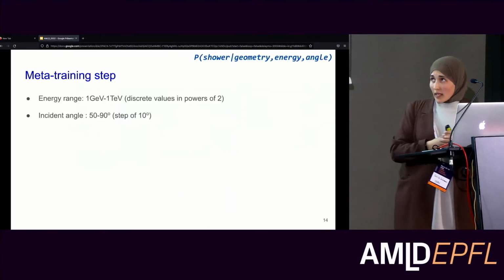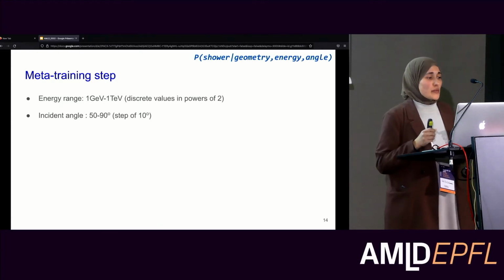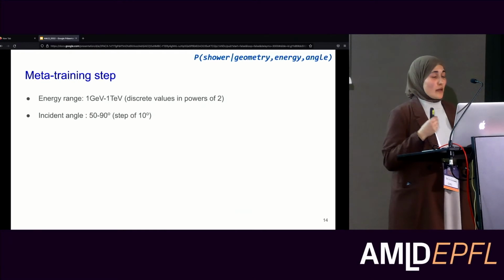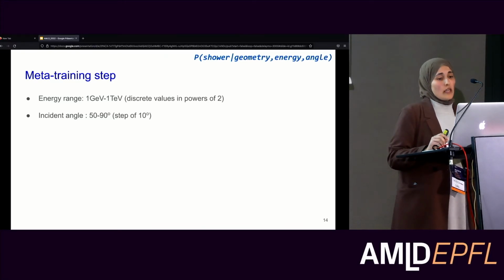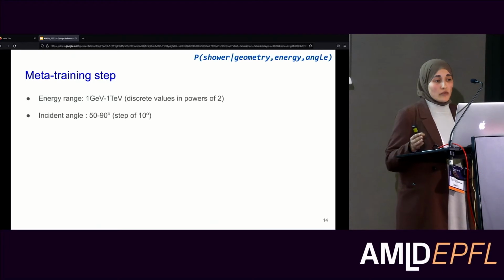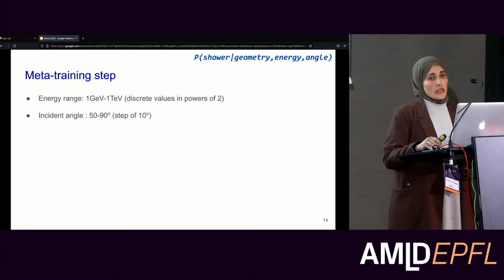The model is a conditional one because we want to be able to generate new showers by having as input the geometry, the energy, and the angle. For that, we use a quite wide range of energies and incident angles, for the incoming particles that create the shower.